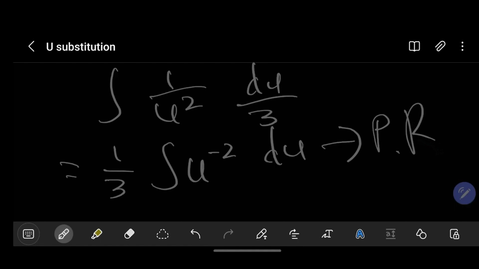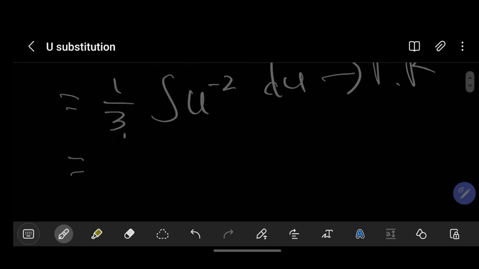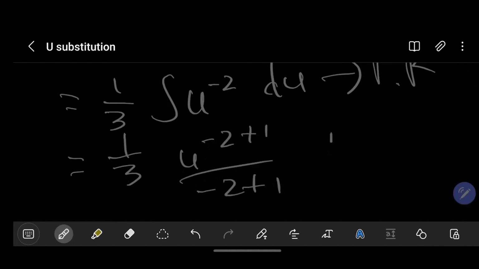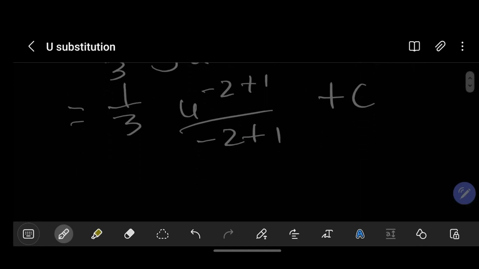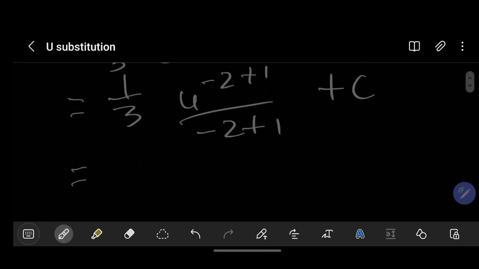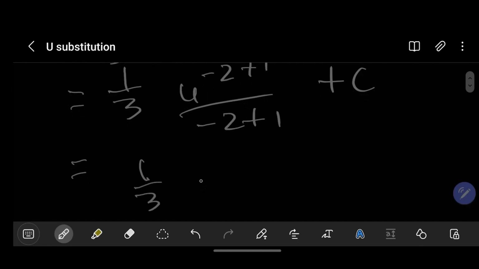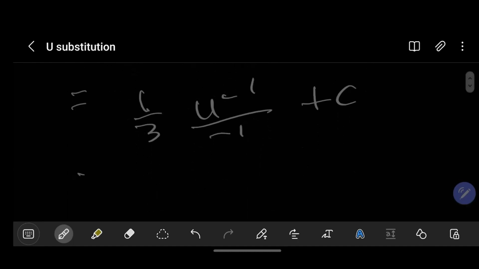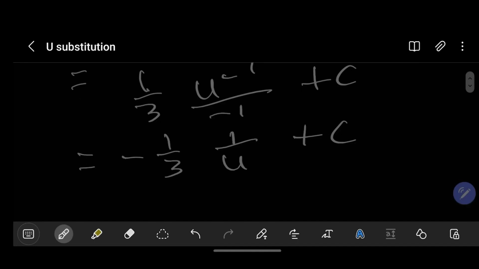So using the power rule here, we can rewrite this as 1 by 3 u to the minus 2 plus 1 all over minus 2 plus 1 plus c, which is now equal to 1 by 3 u to the minus 1 over minus 1 plus c, which is equal to minus 1 by 3 1 over u plus c. The minus 1 power is the same thing as writing it as 1 over u.